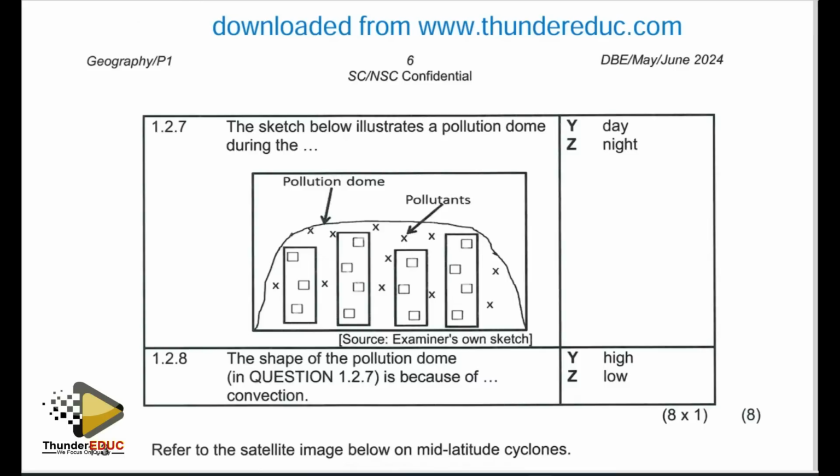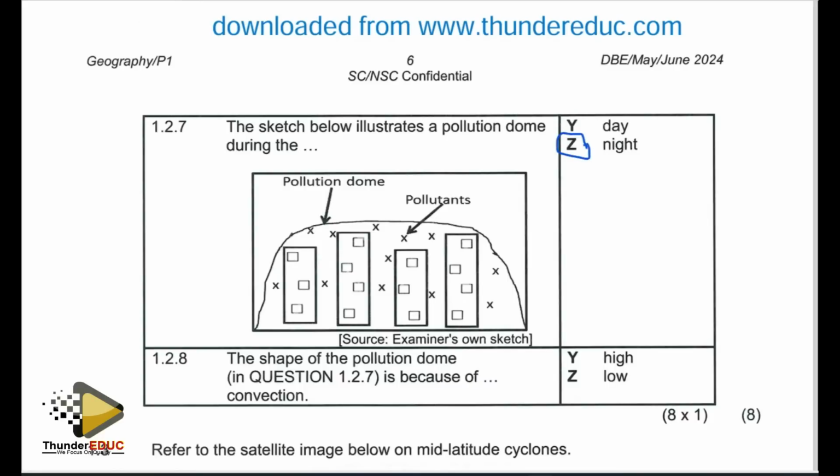You can see that the pollutants are concentrated, and the dome has a unique dome shape and is just close to the tallest buildings in the city, which shows that it's a night situation where we have sinking air, which will push the pollutants further down and closer to the buildings. And the concentration tends to be higher at night than during the day. So the correct response is the night pollution dome.